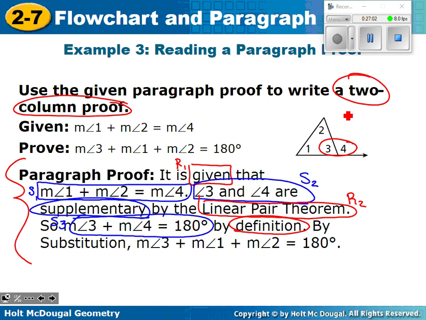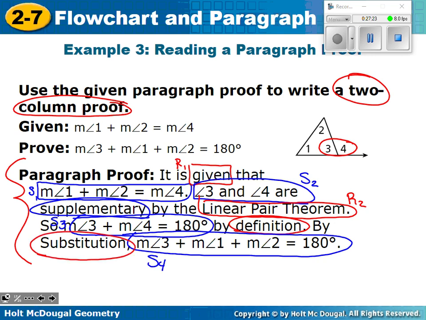And then what's next? Substitution is going to be our reason. What's our statement? Okay, so measure of all of this is equal to 180. That's our last statement 4. And the reason? Substitution, property of equality. So again, this will be reason 4.